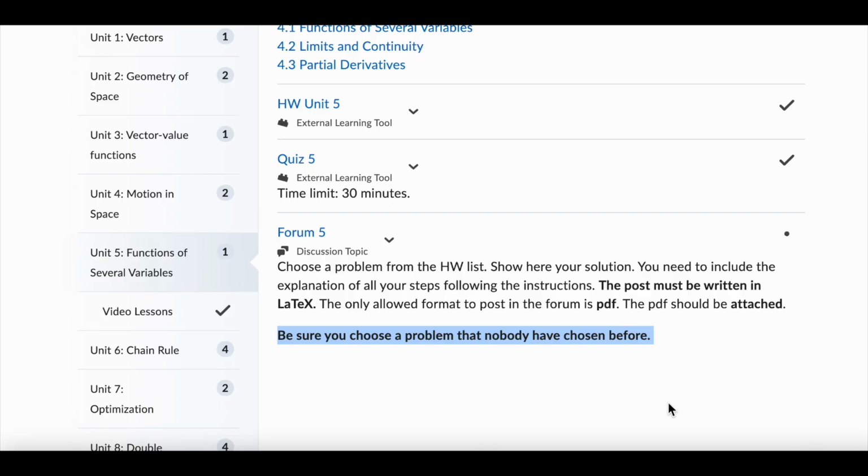So the solution should be structured in sections. You should start with an introduction where you say what problem you chose, not just the number, but also what the problem is asking to do. I mean, with your own words, you could say, well, in this problem, we were asked to calculate the level curves of a certain surface.